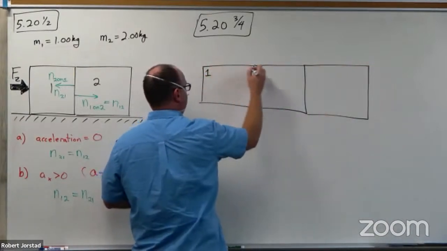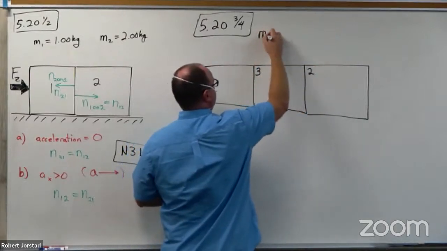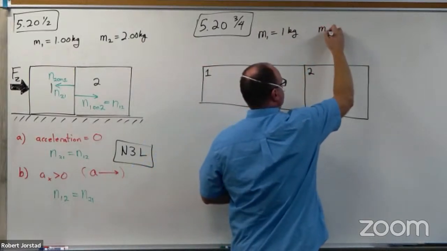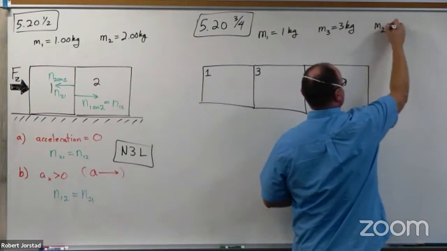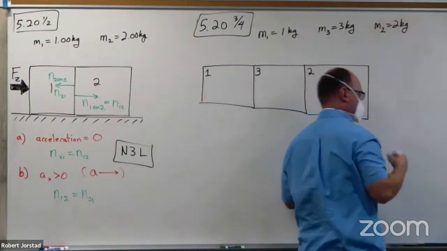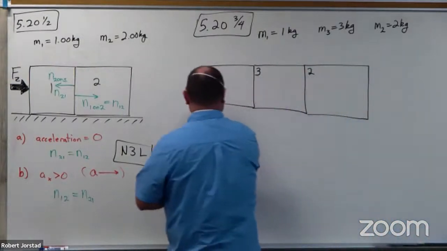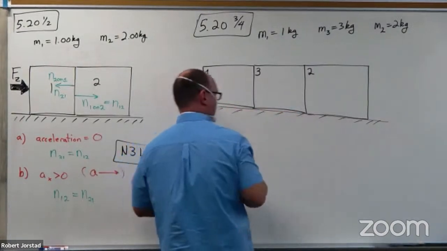We've got object 1, object 3, and object 2. In this case, mass 1 equals 1 kilogram, mass 3 is 3 kilograms, and mass 2 is 2 kilograms. So we've got the heavy one in the middle now, the biggest one in the middle. And obviously these aren't just floating. They're sitting on a surface. It's supposed to be horizontal and level.